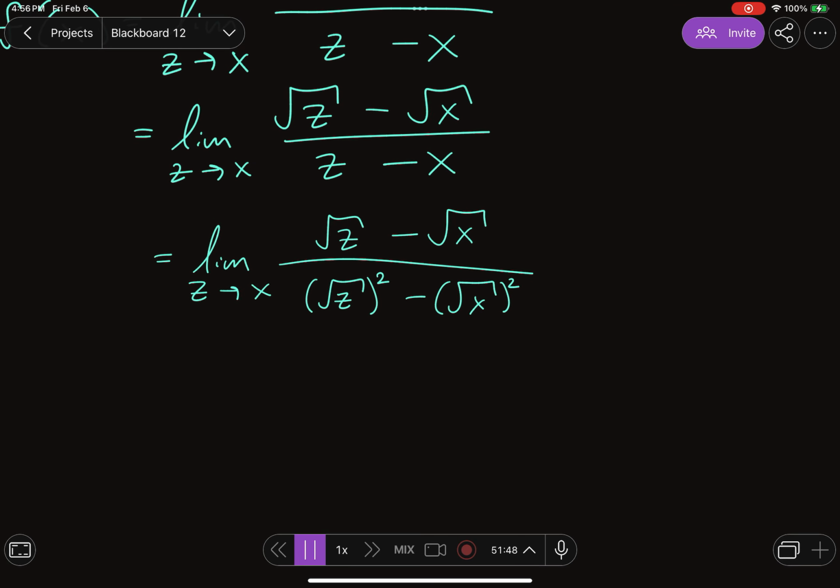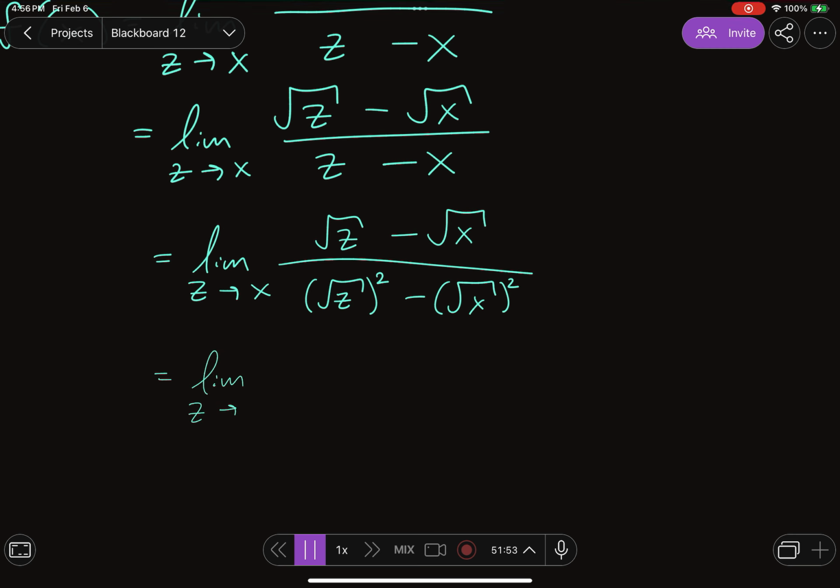Oh, look, I just forced a difference of squares. This is the same thing as the limit as z approaches x of the square root of z minus the square root of x, all divided by the square root of z plus the square root of x times the square root of z minus the square root of x. Oh, nice. Those guys cancel. And those were the problem children.